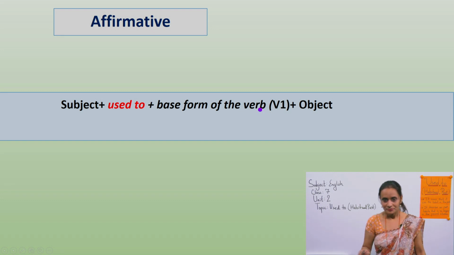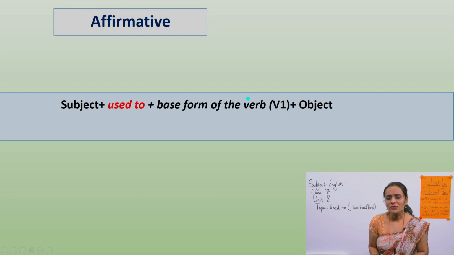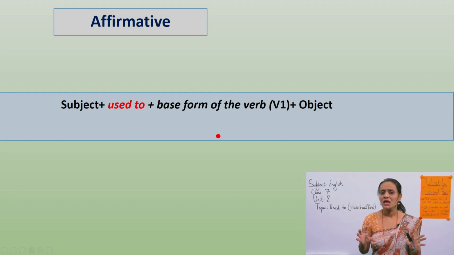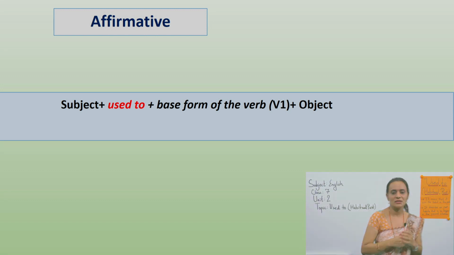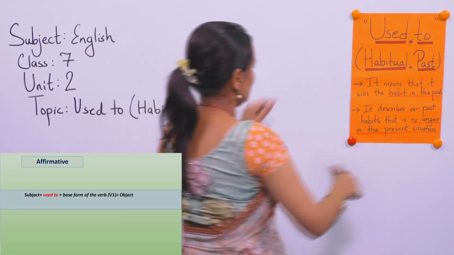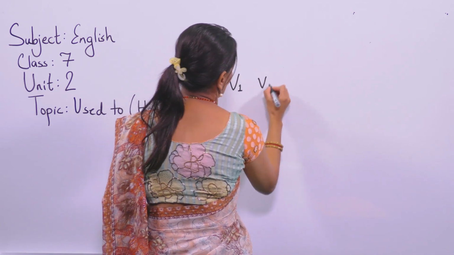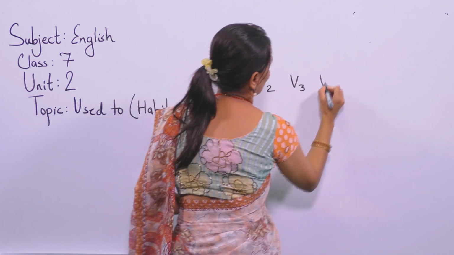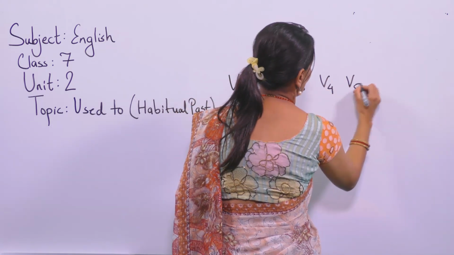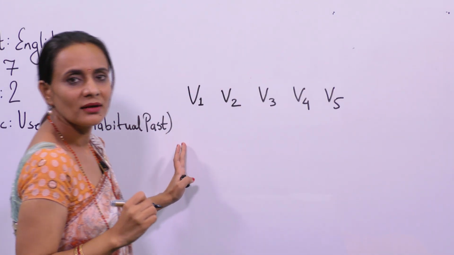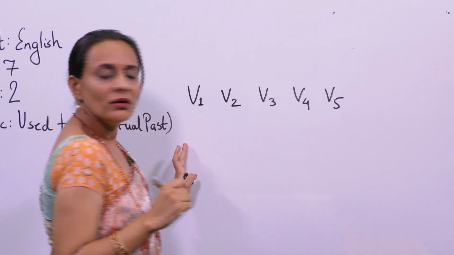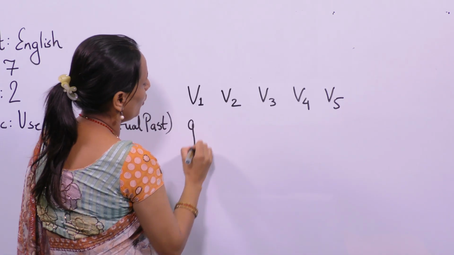Okay, my dear students, base form of the verb is verb 1. I think you have done the forms of verbs in the junior classes. Let me remind you by writing here. Let's take the verb go.